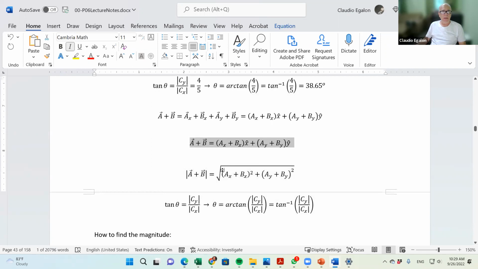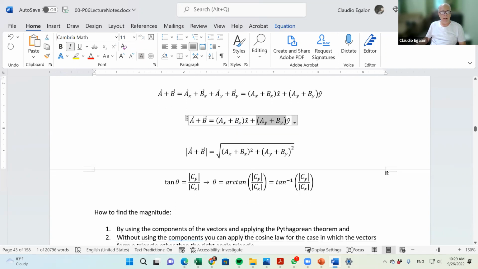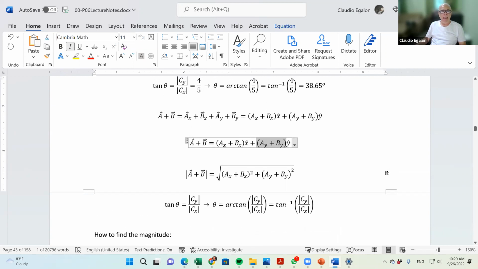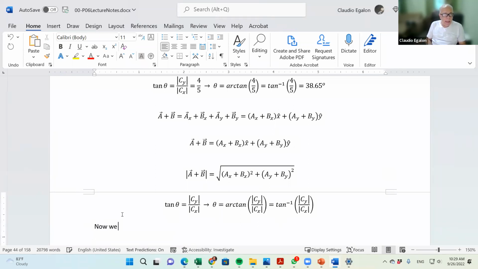The magnitude of a plus b is the square root of the sum of the x components squared and the sum of the y components squared. And now we also have a quantitative way of calculating the magnitude and the direction of a resulting vector.